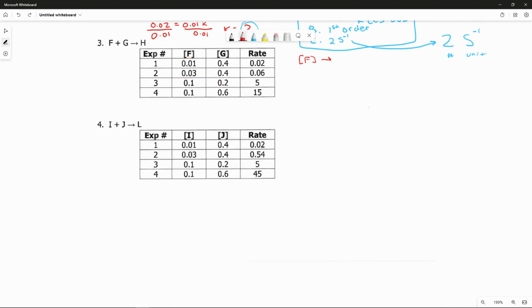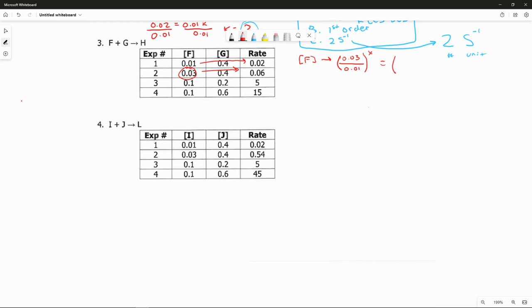So if we were to get the bigger number on top, 0.03 on top, 0.01 on the bottom, to the x equals the corresponding values. So 0.03 corresponds with 0.06, and 0.01 corresponds with 0.02.